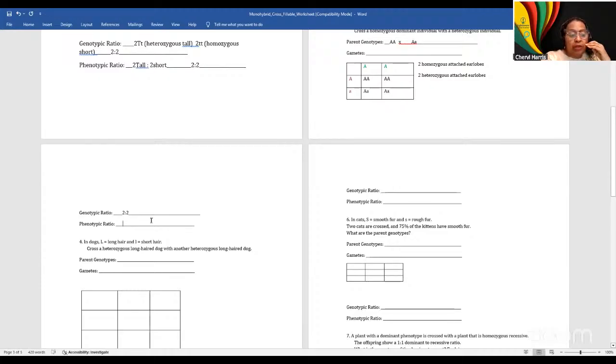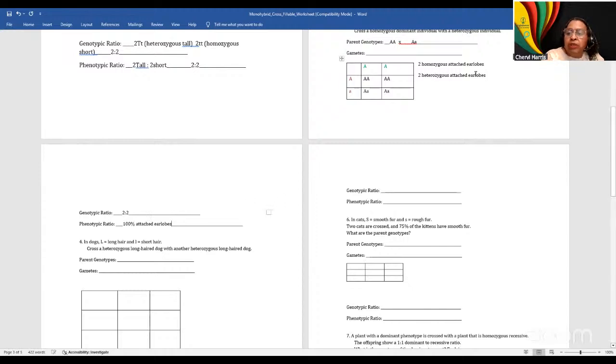And over here, what do they look like? Everybody is, this is going to be 100% attached earlobes because nobody is showing the recessive, attached. Okay?